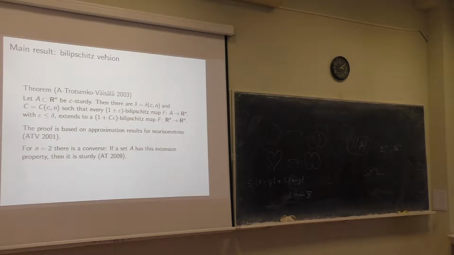And because the converse is true in 2 dimensions, so if all 1 plus epsilon bi-Lipschitz maps from this set A can be extended in this way to the whole plane, then the set must be sturdy. So it means that this is the right definition, at least in the plane, for this problem.